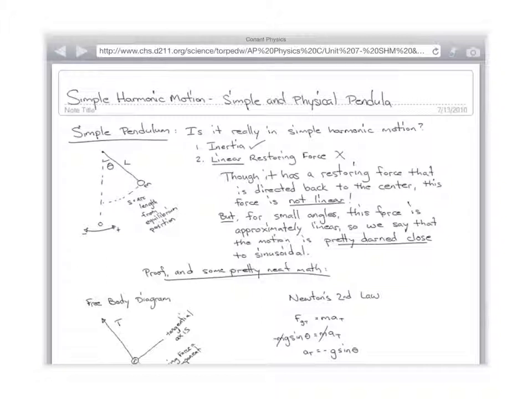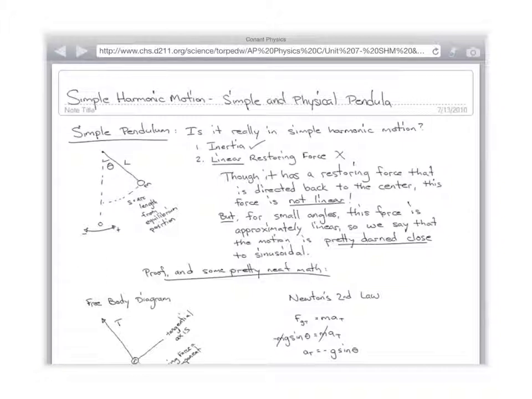So if you have a small radian angle, the sine of the angle is pretty much equal to the amount of radians, which is really neat. Which means that if you had a small angle, you could just write the angle rather than the sine of the angle.